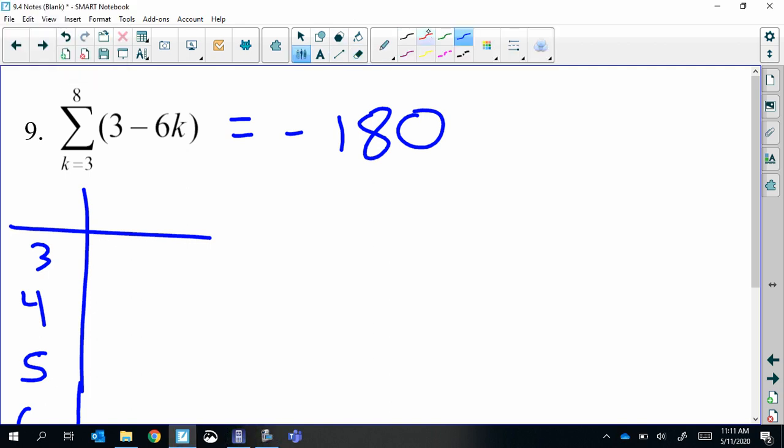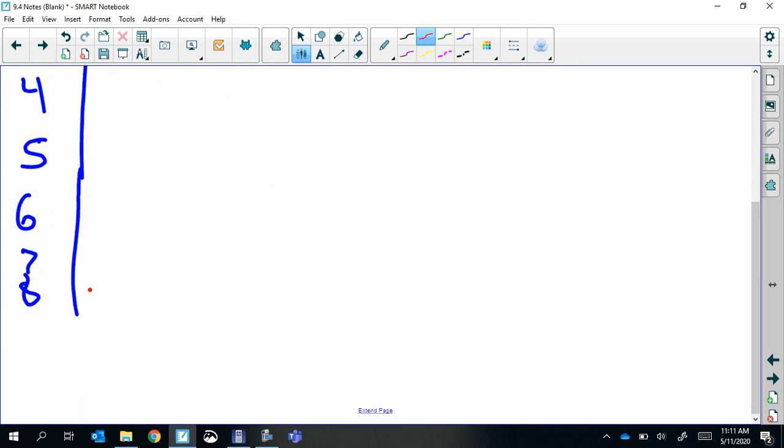So we just need to plug in 3, so that would be 3 minus 6 times 3 is negative 15. And then we need to plug in that last number, which is 8. 3 minus 6 times 8, which is 48. 3 minus 48 is negative 45.